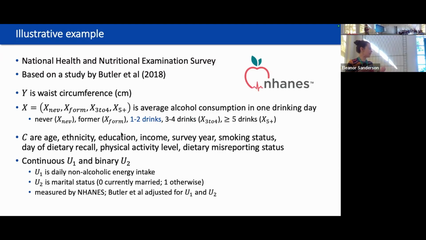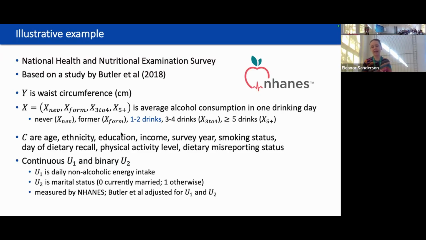We've got various measured confounders, which are age, ethnicity, education, income, survey year, smoking status, day of dietary recall, physical activity level, and dietary misreporting status. We've got 2 unmeasured confounders. U1 is continuous, and it represents daily non-alcoholic energy intake.